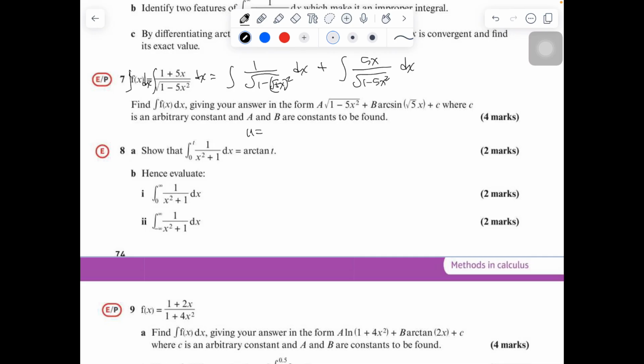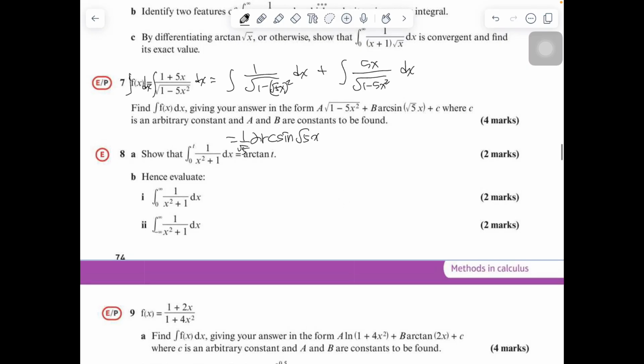So let's say u becomes a square, no, actually we can use the reverse chain rule. So here, arc sine of square root of 5x over square root of 5. Actually, reverse chain rule is just a substitution. If you don't find that this is easy, then you can use the substitution.